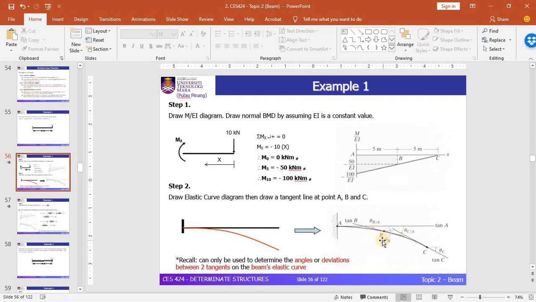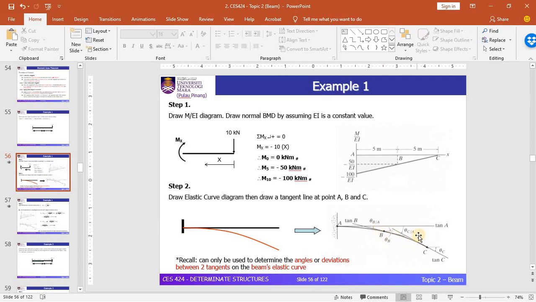How to indicate this relative angle? Let's look at theta BA. Theta BA is obtained by drawing the angle between tangent A and tangent B. The direction of the angle is from A to B.